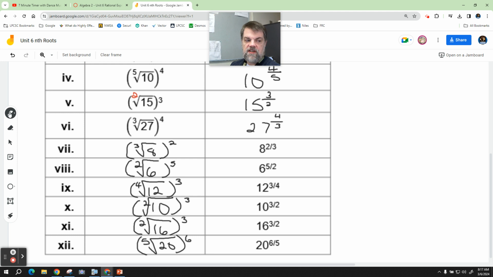And so just to double check my work, let's find all the roots. So the root is 3, the root is 3. The root is 2, the root is 2. The root is 4, the root is 4. Root is 2, root is 2. 2, 2. 5, 5.